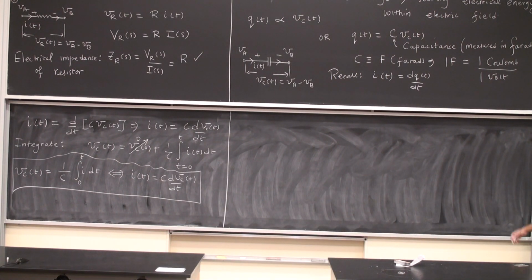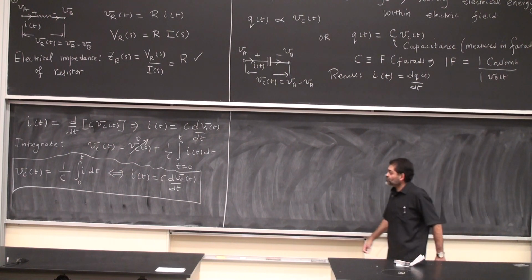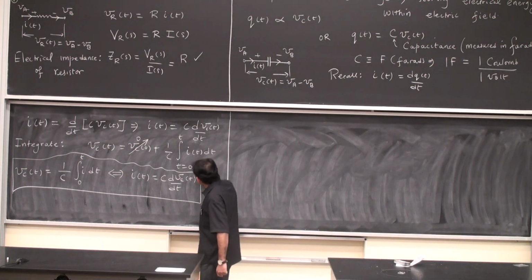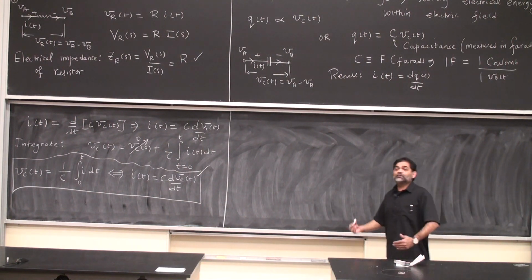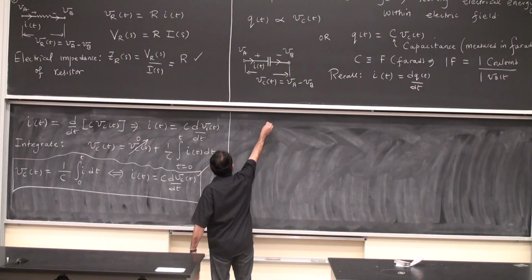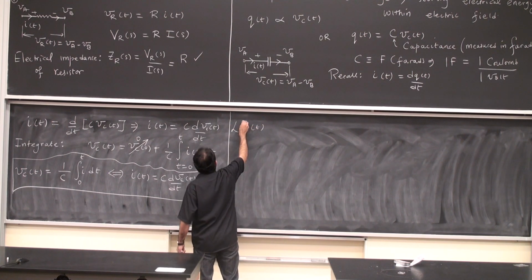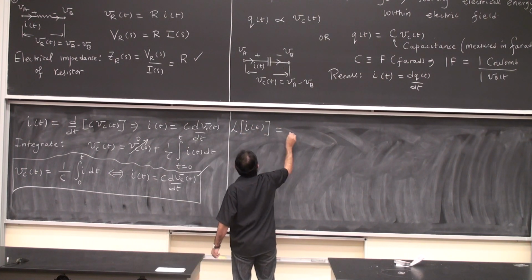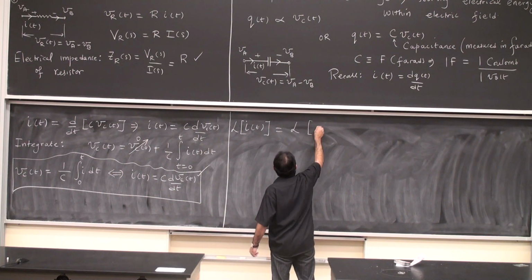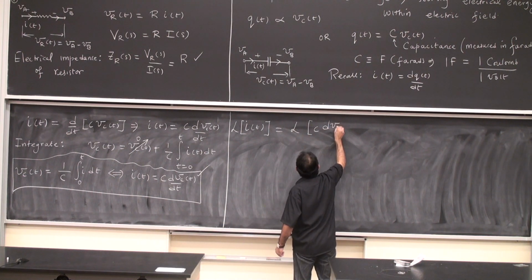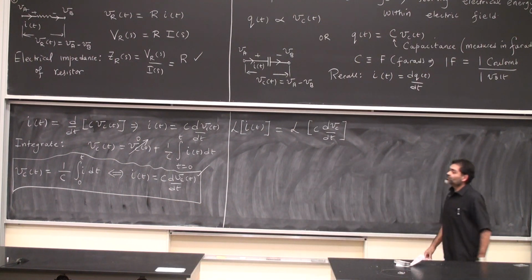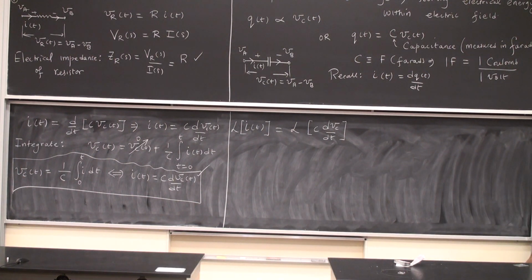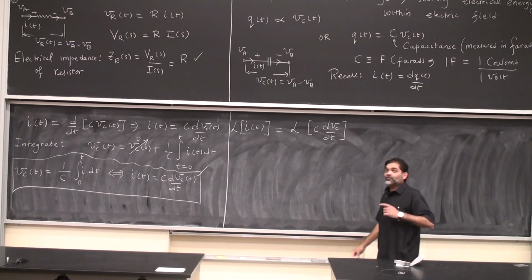Then we take the Laplace transform on both sides. For that I'm going to choose this expression here. Take the Laplace transform on both sides, we will be able to define the impedance of the capacitor. So I of t, Laplace is Laplace of C dvc by dt. Laplace of the differential is s times the Laplace of the function itself.